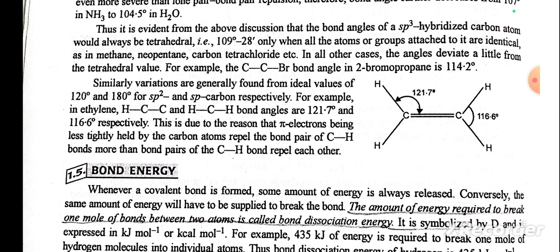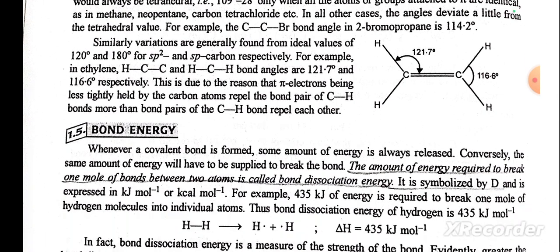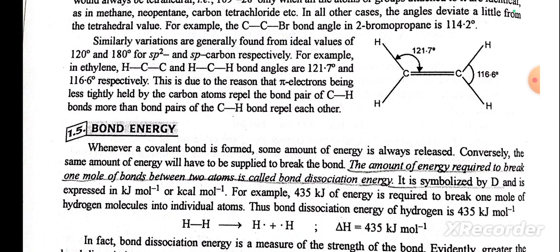In all other cases, the angle deviates a little from the tetrahedral value. For example, the carbon-carbon-bromine bond angle in 2-bromopropane is 114.2 degrees, and similarly variations are generally found from the ideal values of 120 and 180 degrees for sp2 and sp orbitals respectively.